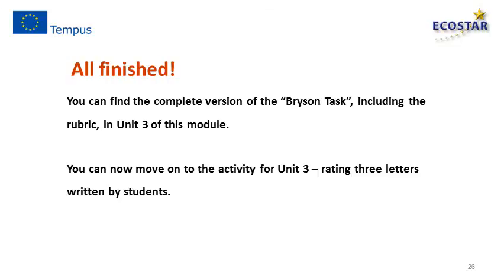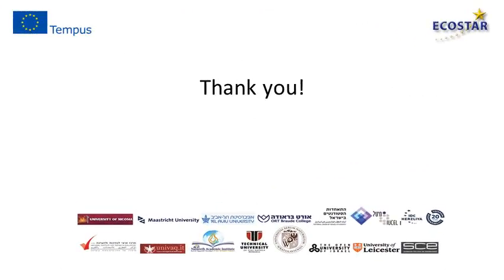And now you can move on to the activity for Unit 3, which is rating 3 letters that were actually written by students who got this task. You'll find that under the section labeled Activities. And when you're finished with rating the letters, underneath there you'll find annotated letters.